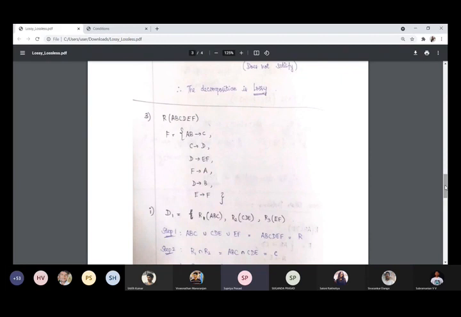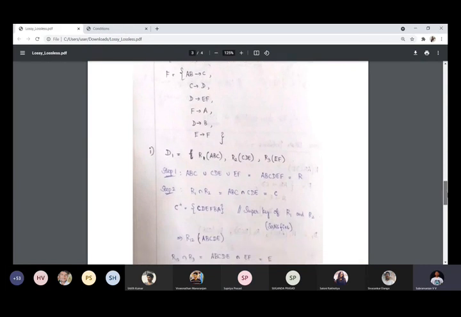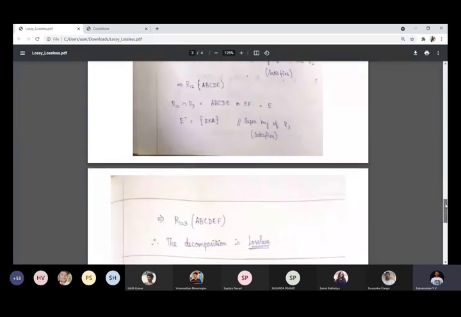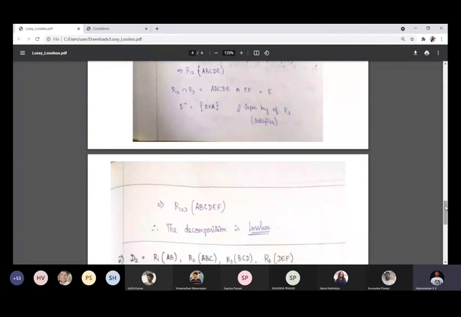So that way it should be lossless. Exactly. As Supriya said, R12 satisfies the conditions, and intersecting it with R3, again we have that as the super key of R3. Since it satisfies all three conditions across all relations, the decomposition is lossless.